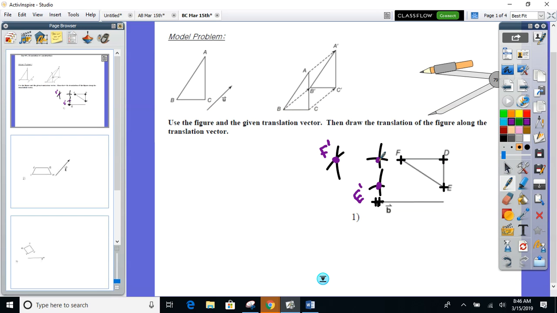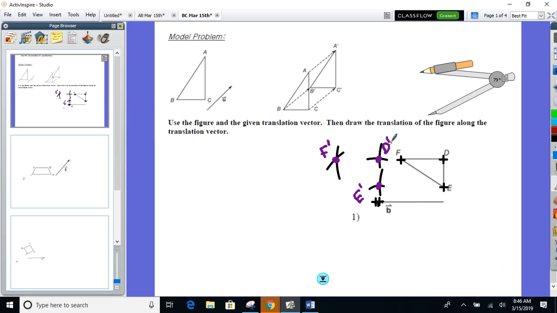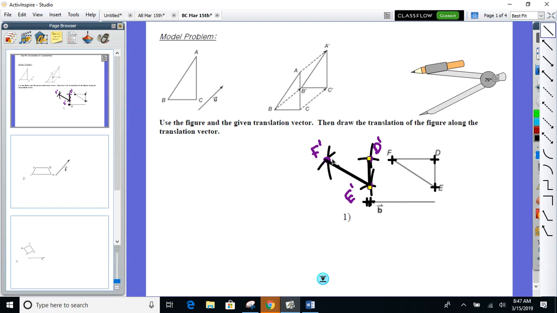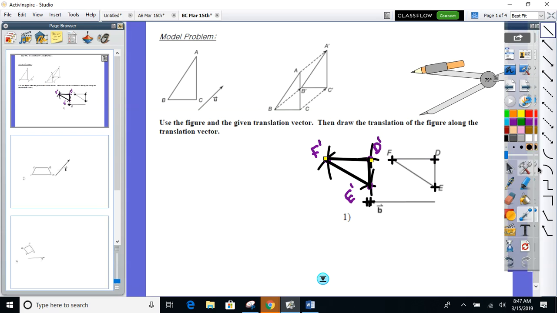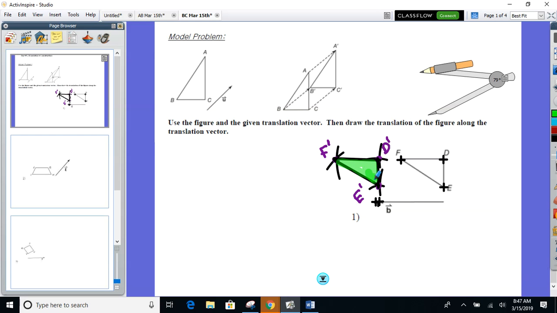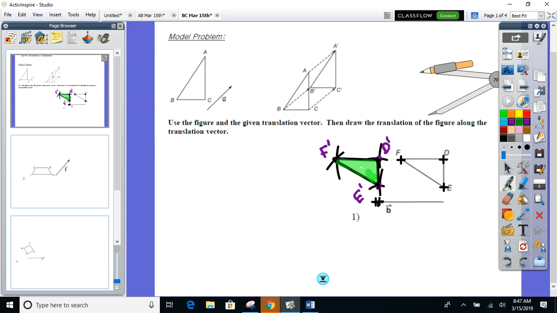And there's D prime. Connect it. If you want to color it in, shade it in, whatever floats your boat. Here we go.